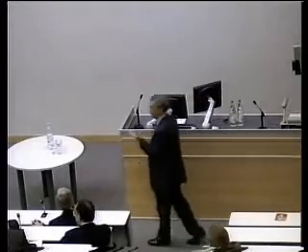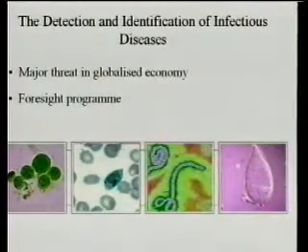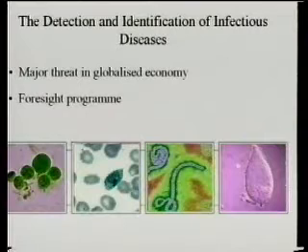The output led to the declaration at the St. Petersburg G8 meeting of heads of states. So the output from this program was bought into by all of the heads of the G8 states. What were the important outcomes of this process? This was the first time an analysis had been done globally of animal, human, and plant diseases together.